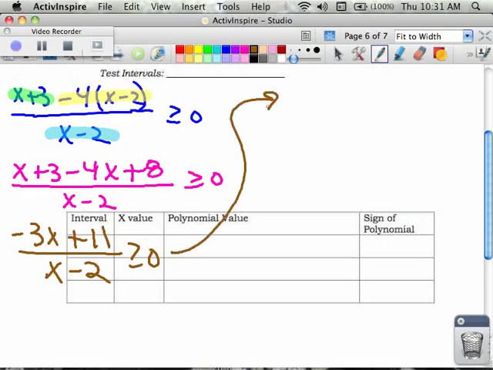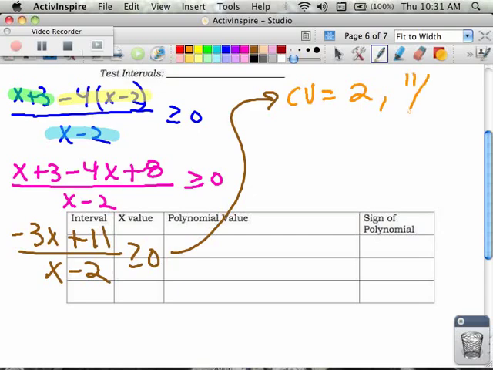So let's go over here next. What makes the bottom 0? 2. What makes the top 0? Correct, 11 over 3.